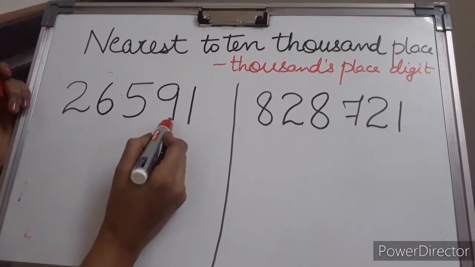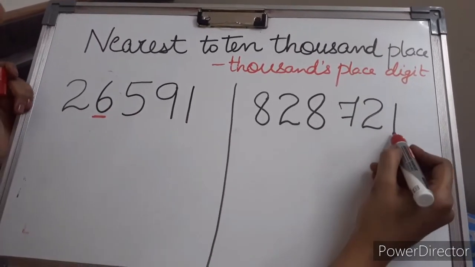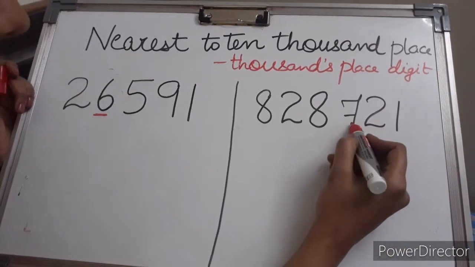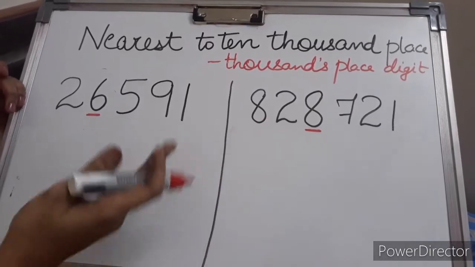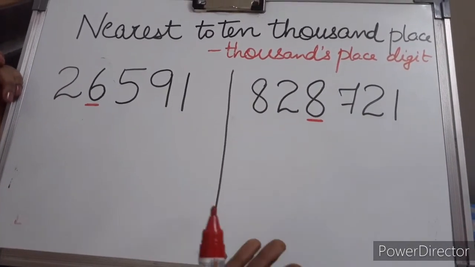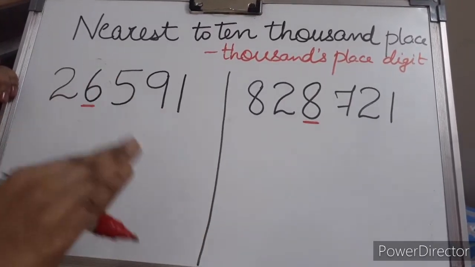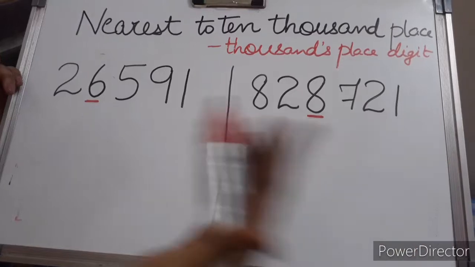So ones, tens, 100, 1000. We are concerned about whether it is greater than 5, equal to, or less than 5, and then we add 1 or it remains unchanged. This is the methodology we have to follow.